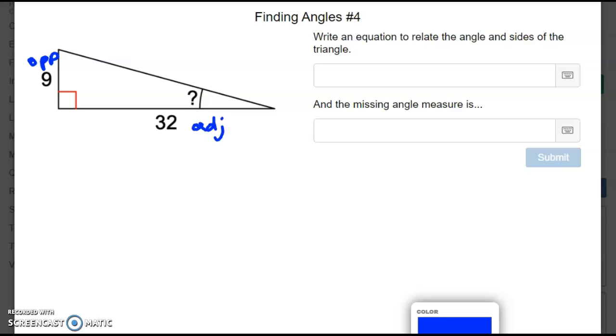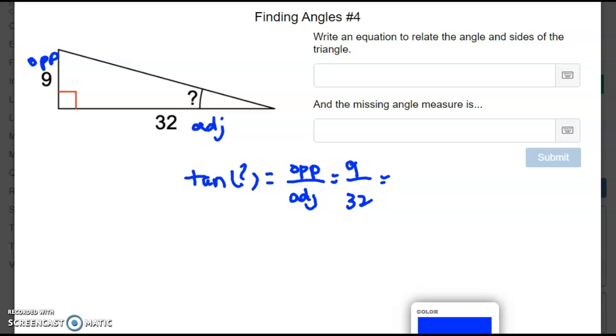So opposite and adjacent means we're dealing with tangent of some question angle equal to opposite over adjacent, which is 9 over 32.